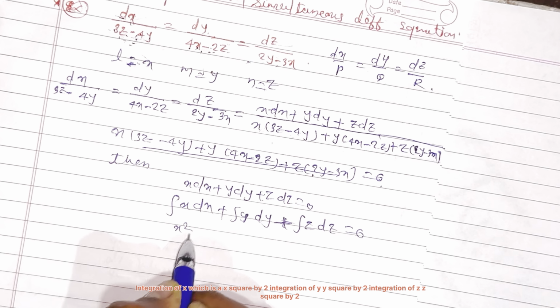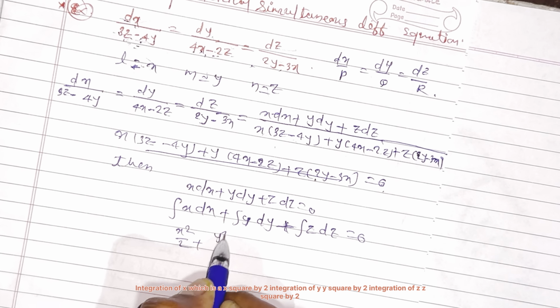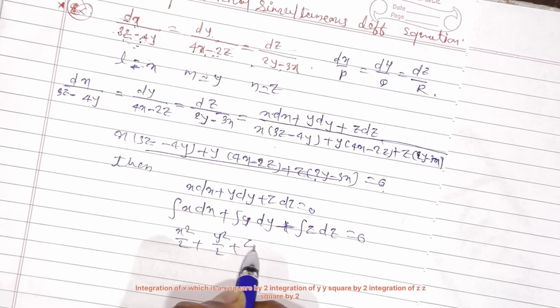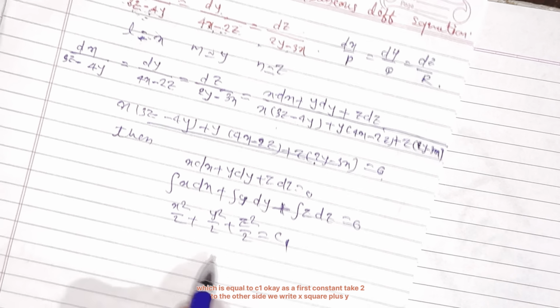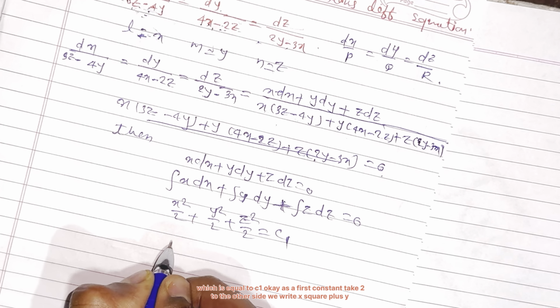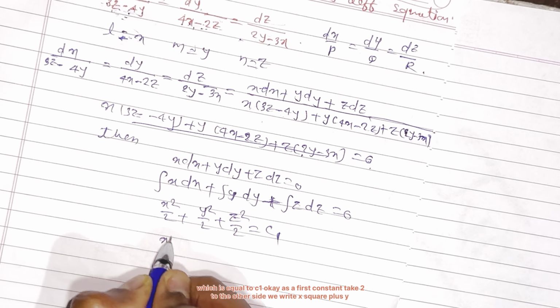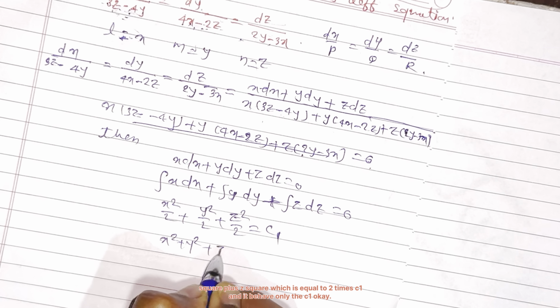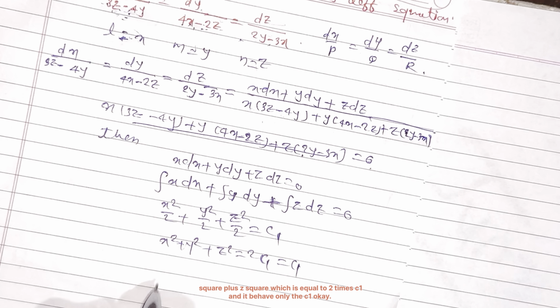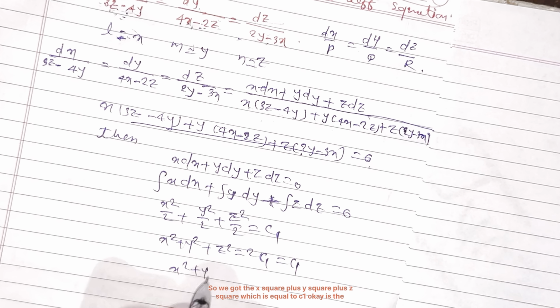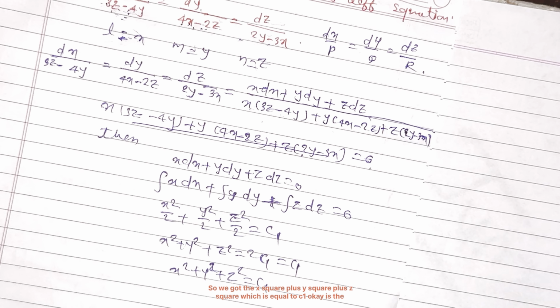Integration of x is x square by 2, of y is y square by 2, and of z is z square by 2, which equals c1, as the first constant. Taking 2 to the other side, we write x square plus y square plus z square equals 2 times c1, which is just another constant c1. So we got x square plus y square plus z square equals c1.